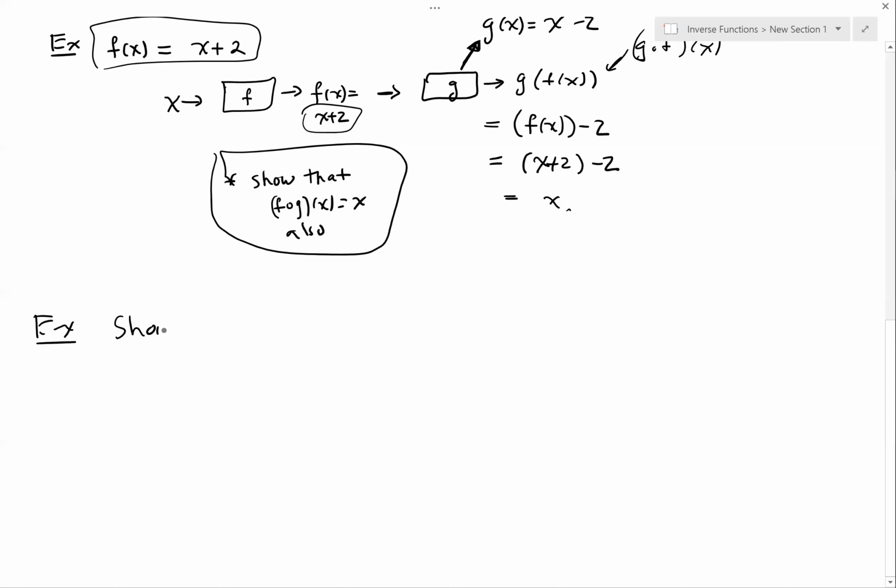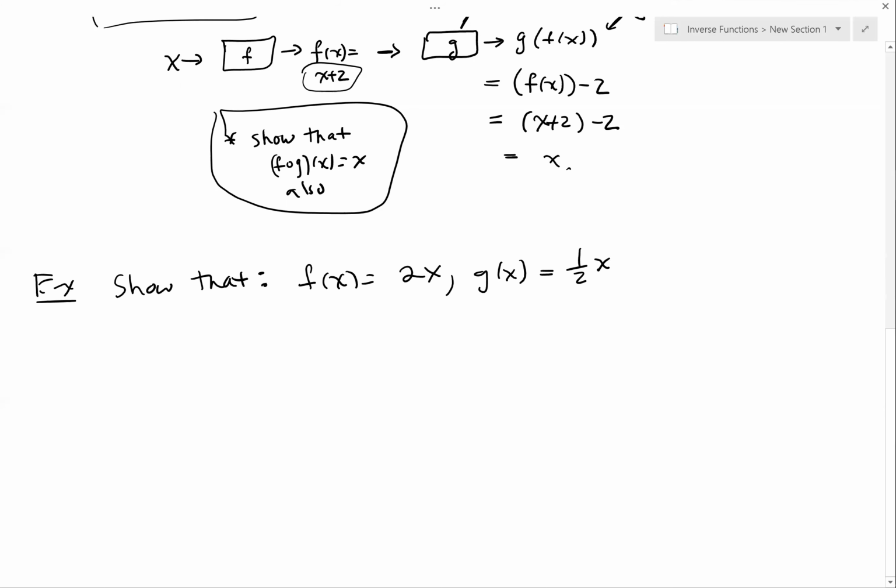So let's show that, let's see here. Let's say f of x is equal to 2x. We'll start off really simple. f of x equals 2x, and g of x is equal to 1/2 times x, are inverses.